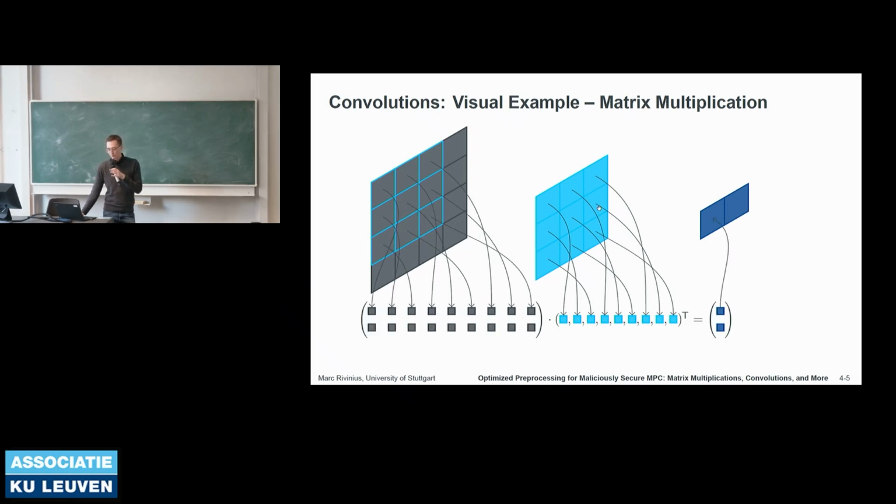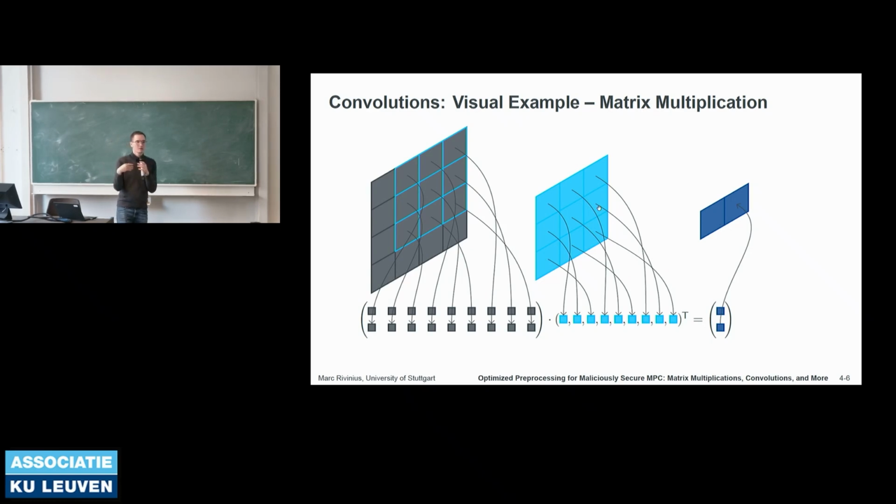Then you move your filter one step, you get a second vector, and then you basically just build all these vectors for your image, you put them in a matrix, and overall you have a matrix vector product to get the same result.